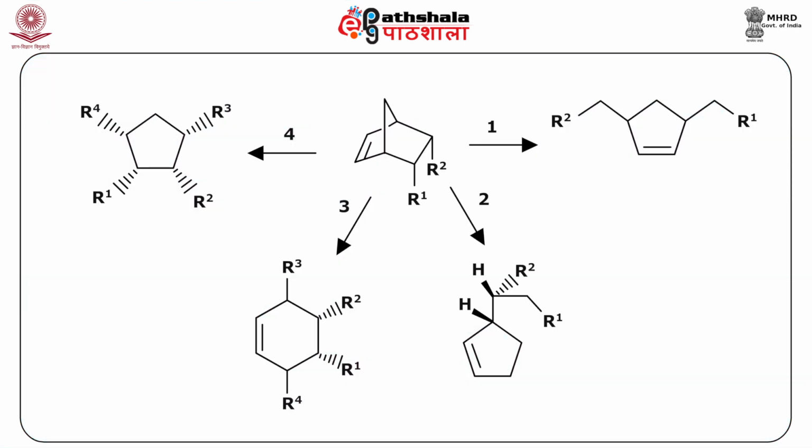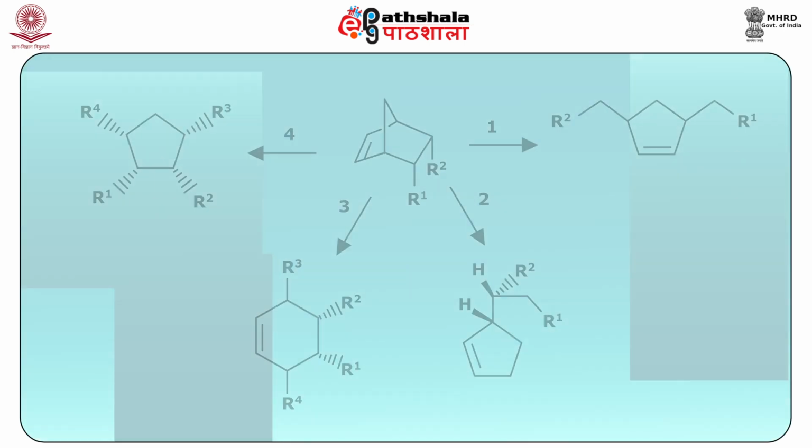The ring opening of norbornane derivatives can be achieved using scission of any of the 4 topographically different carbon-carbon bonds. As can be seen, norbornane can be cleaved in various ways, and we have 4 different types of products which can be formed by the cleavage at the different carbon atoms.